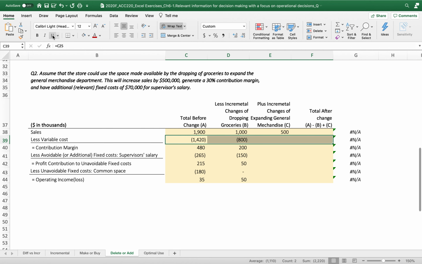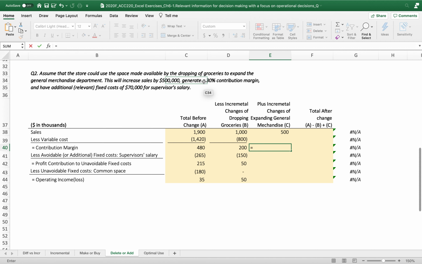Let me calculate first. Here the contribution margin we are given is 30%. So 30% times 500, which is the sales, gives 150. So the variable cost can be calculated backward, as the difference between the sales and the contribution margin. Got it?